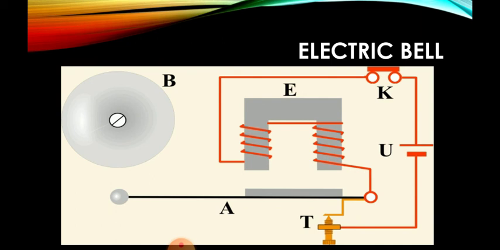Once the circuit breaks, the electromagnet is no longer an electromagnet. The iron piece will come back close to the contact screw. So this goes on repeating, and the bell goes on ringing till the switch is pressed on. So this is regarding this lesson, that is current, electricity and magnetism.